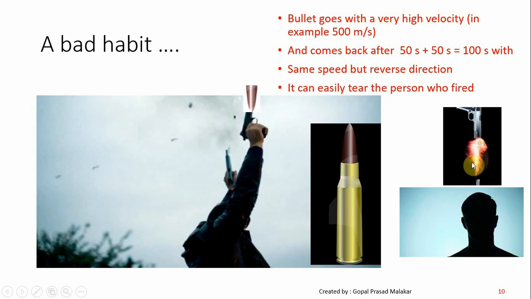So practically it is as good as if somebody would have shot on his head directly. Then the bullet would have traveled at 500 meters per second immediately, and that kind of impact the bullet has when it went up and came down. And that's the reason it can easily tear the person who fired. So when someone is firing vertically upward, it's very dangerous.